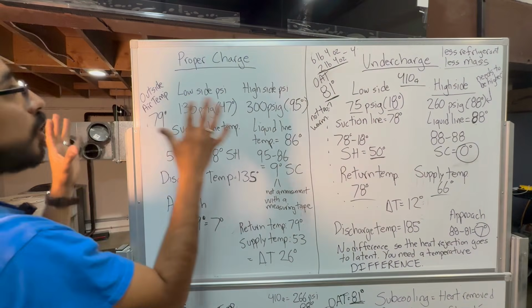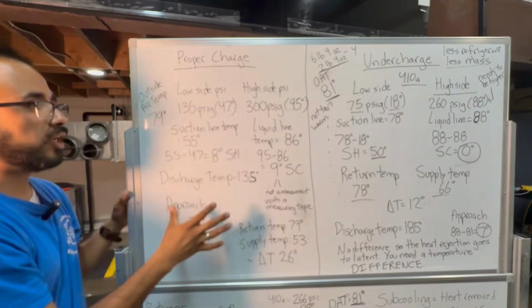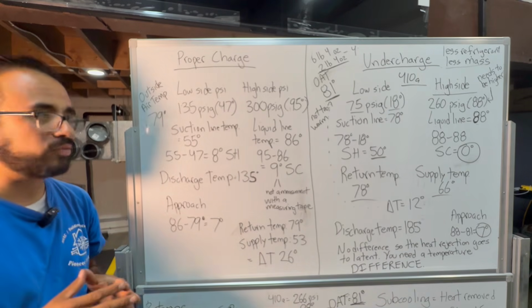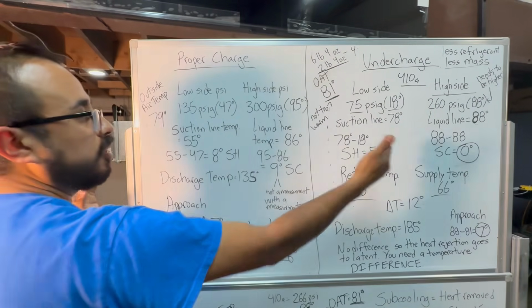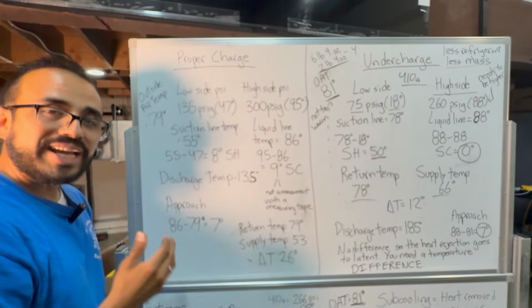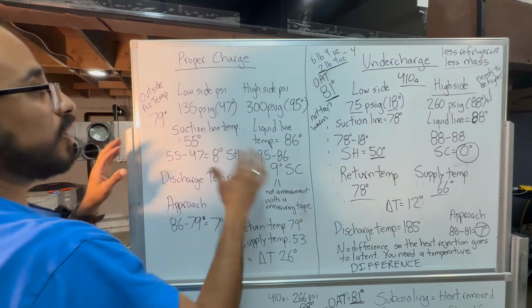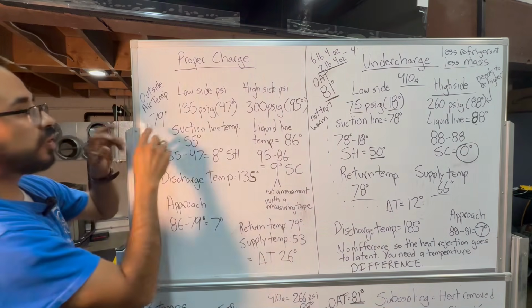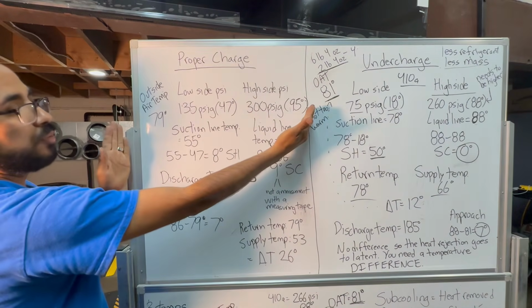So with the system that is properly charged, at least on this one here, was a package unit that took about 100 ounces, 6 pounds and 4 ounces. So when you compare both, look at this one here. My head pressure is 300, 95-degree condensing temperature. When I did check it, it was 79. This one was 81. But regardless, though, look at my temperature difference.